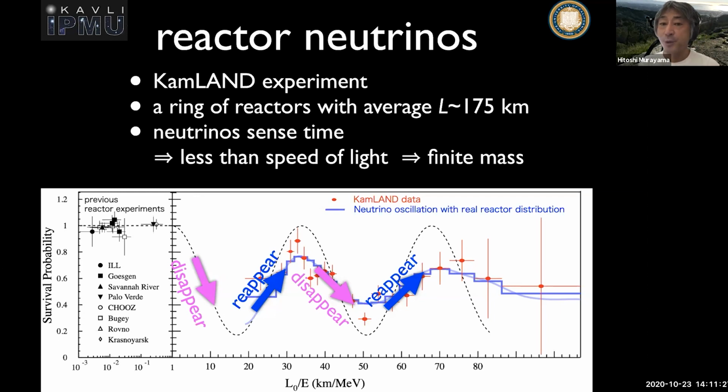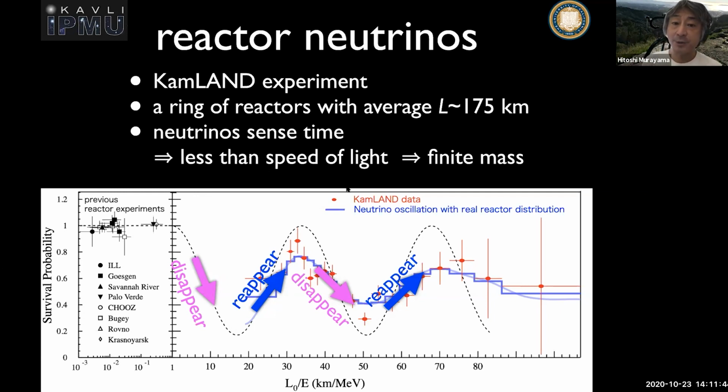And when something is going with speed of light, then the time dilation effect would stop the clock. The fact that neutrinos seem to change on their own, namely they sense time, must mean that they are going at a speed less than speed of light.